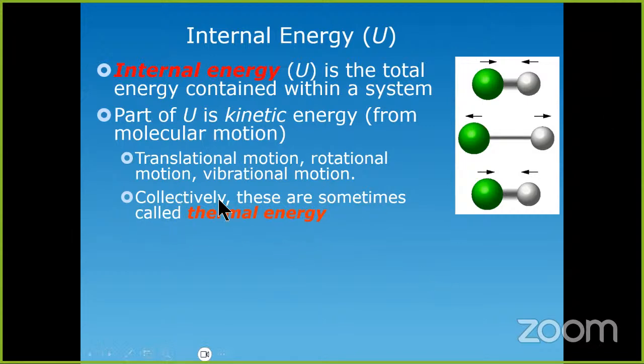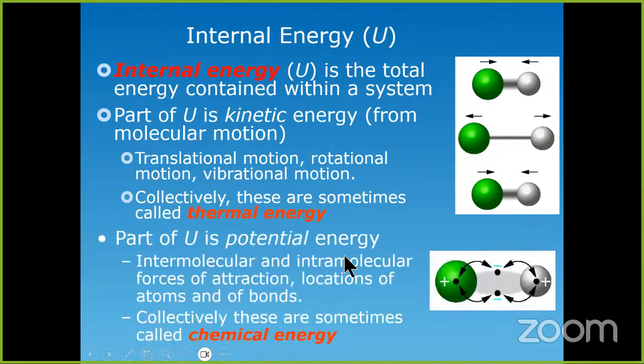So collectively, these energies are also called thermal energy, because it turns out that the temperature of a system is related to the kinetic energy that is displayed by the particles within the system, all right? Another part of internal energy is potential energy, and these are basically as a result of intermolecular and intramolecular forces of attraction due to the location of atoms and the bonds, which are made up of pairs of electrons shared between atoms, all right?